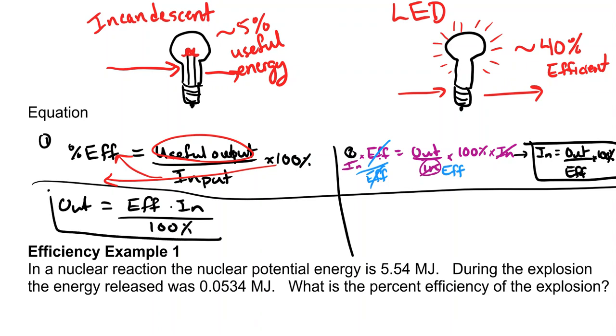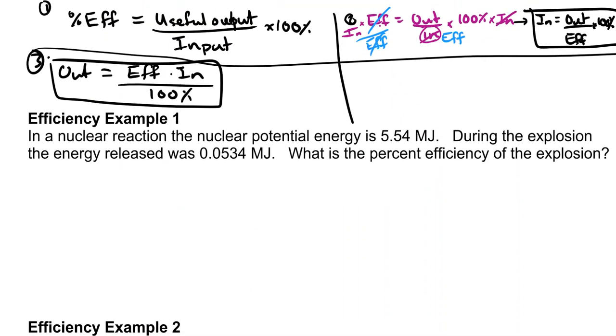There we go. So that's our third version of the equation. Most of the time, we're only going to be doing the first version of the equation, so there's not that much to worry about. Anyways, let's dive right in. Let's make this video quick.